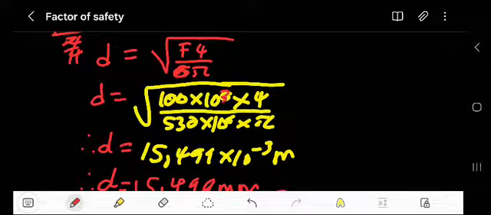Do not make this a 6, it is 3, and 10 to the power of 3.